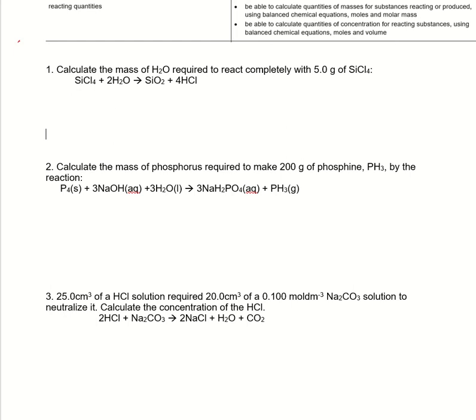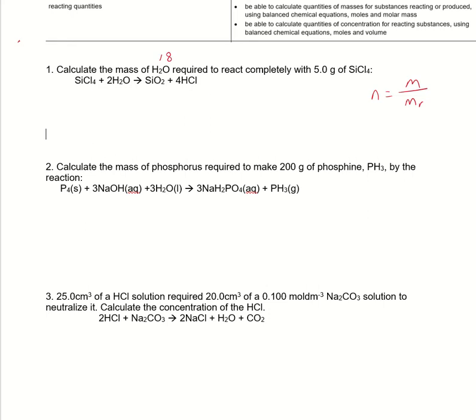So calculate the mass of water required to react completely with 5 grams of silicon chloride. So we're going to be using the equation moles equals mass over Mr. Now if I want to work out the mass of water, well I know the Mr, I can look that up, 18.